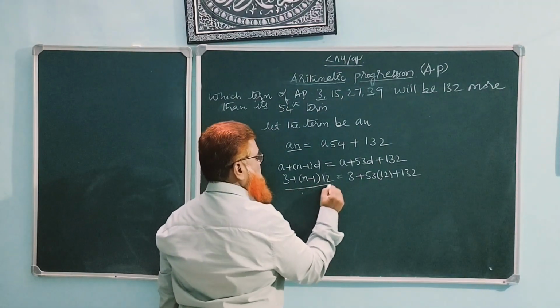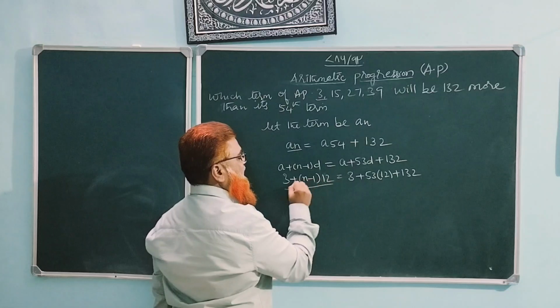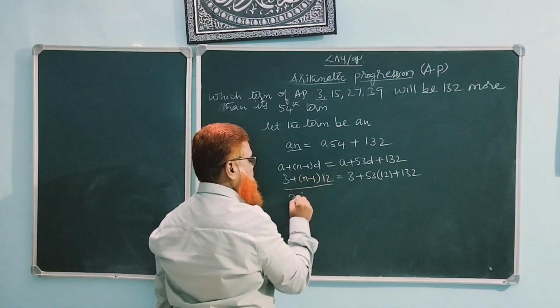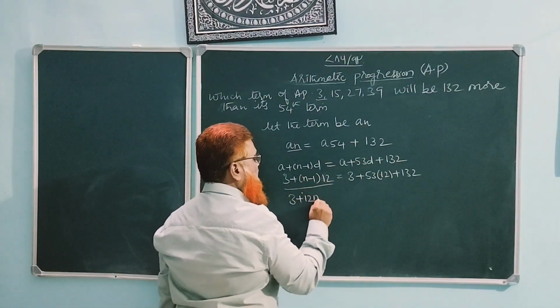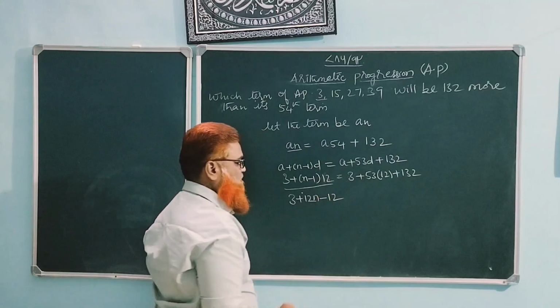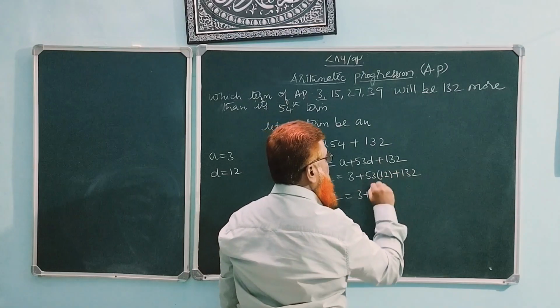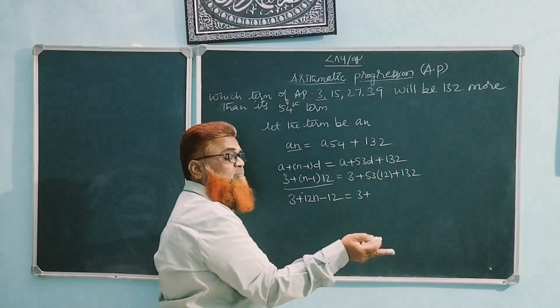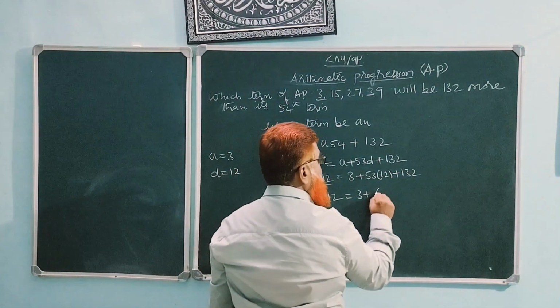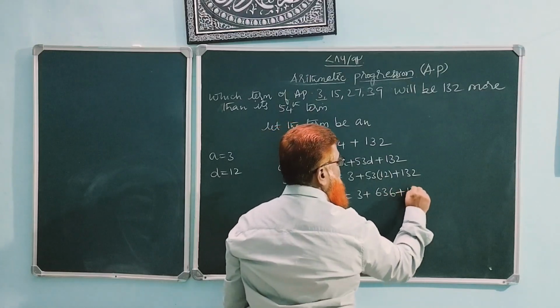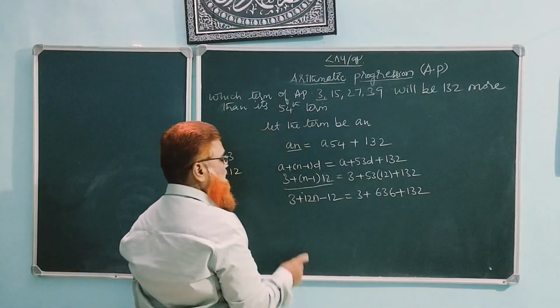Now this LHS part is simplified: 3 plus 12 into n is 12n, and 12 ones are 12. Similarly 3 plus 53 into 12: 12 fives are 60, 12 threes are 36, this is 636, plus 132.